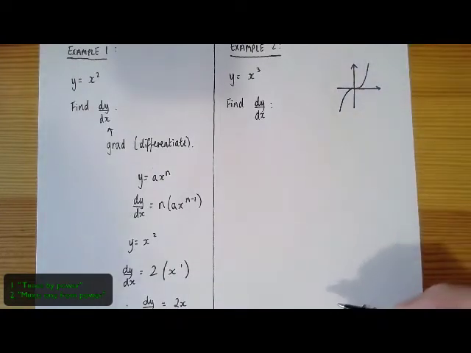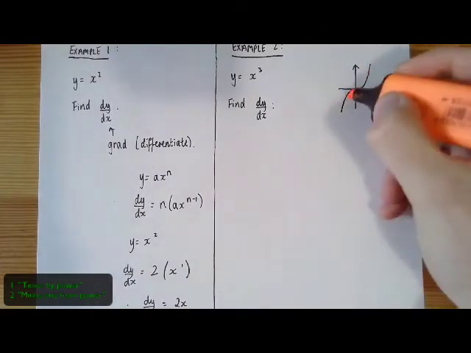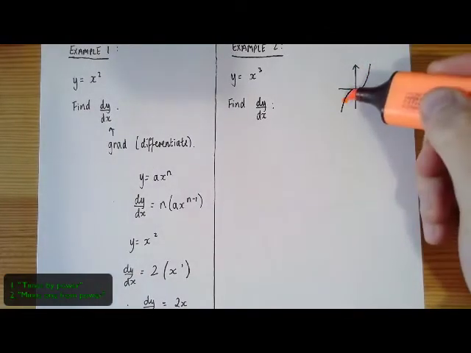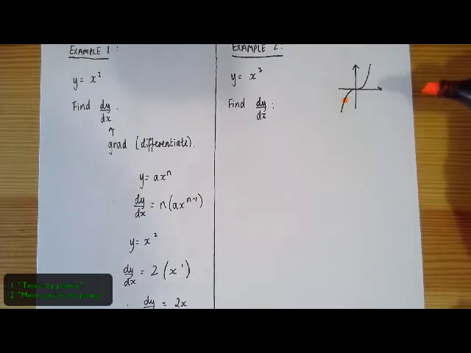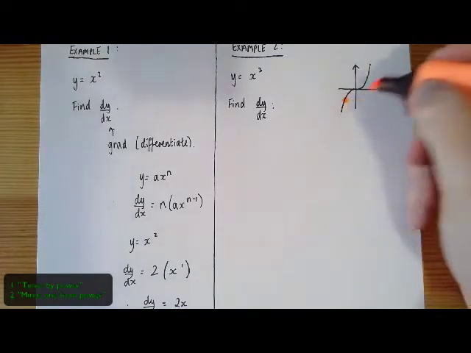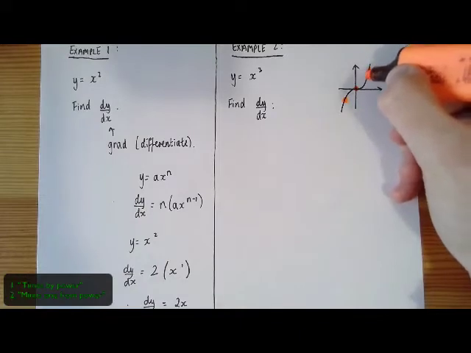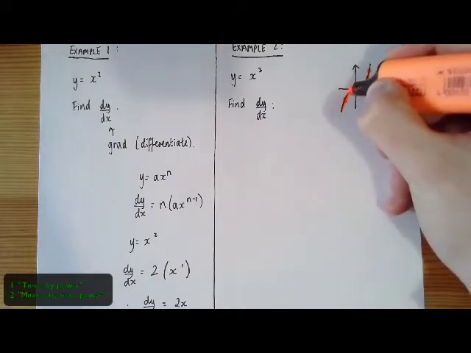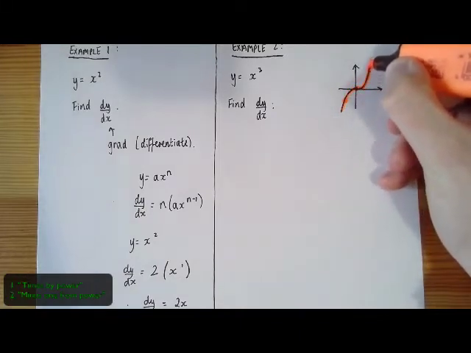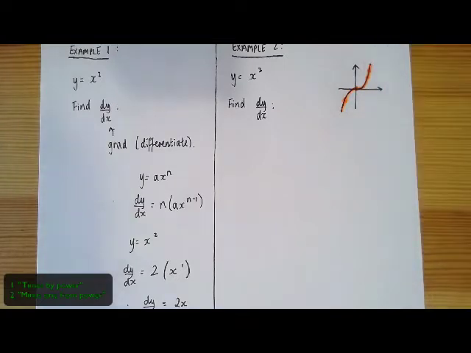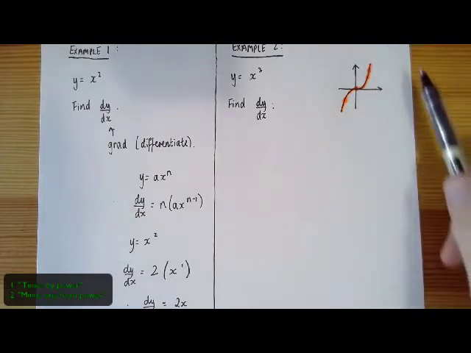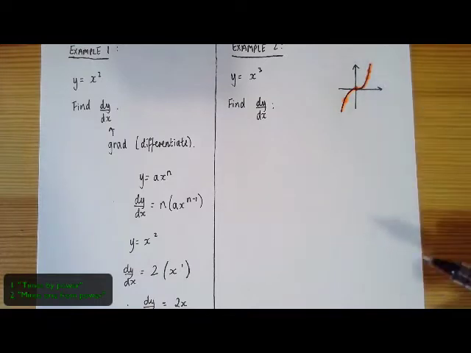Okay, and what we're trying to do is we're trying to say if I was given this point here, the gradient would be positive, and I'd actually be able to put an x value into my dy dx to find the gradient at that point, to also find the gradient at that point, and that point, and that point, and in fact any point along this curve I would be able to find the gradient. So that's the use of differentiation like we touched on at the start of this video.